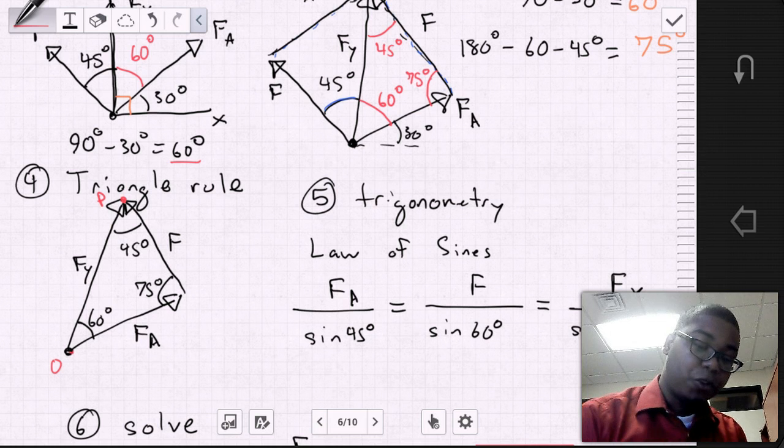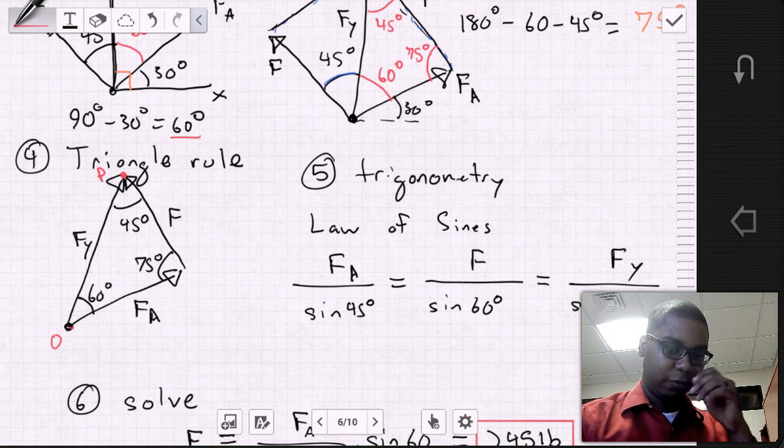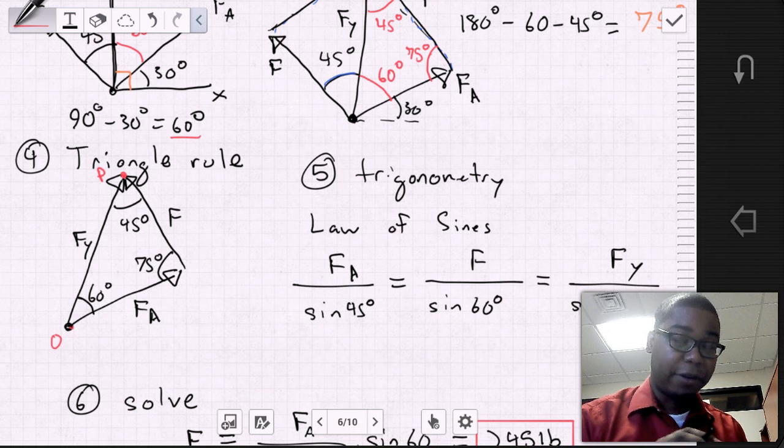So when we apply the law of sines, we find that FA divided by sine of 45 degrees is equal to F divided by sine of 60 degrees, which is equal to Fy divided by the sine of 75 degrees.